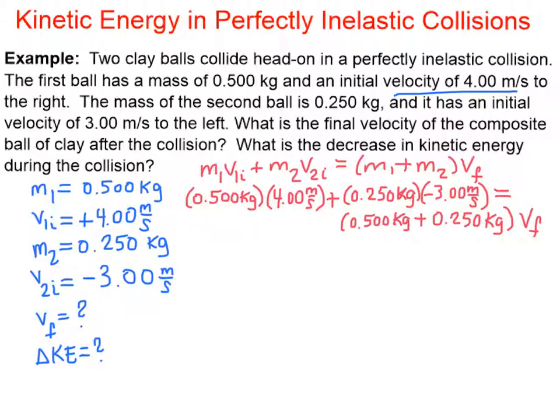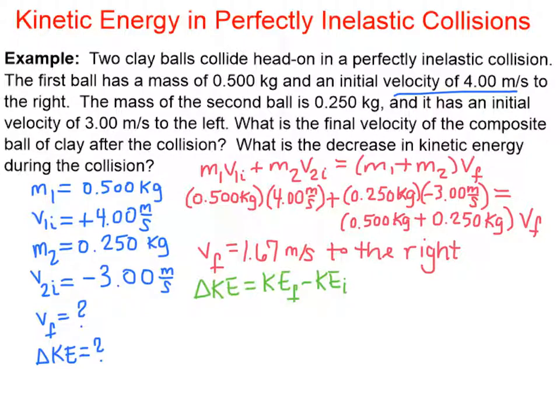When I plug all these numbers into the calculator, do my little algebra, I end up with a final velocity of 1.67 meters per second. And it's a positive number, so it will be to the right, since that is what I indicated as the direction for a positive number.